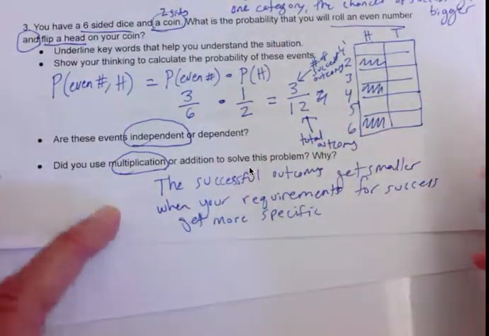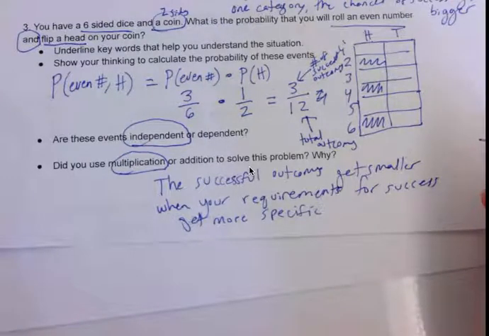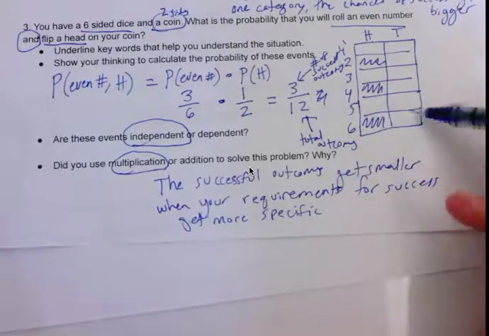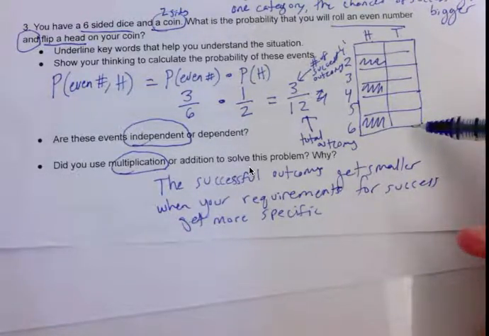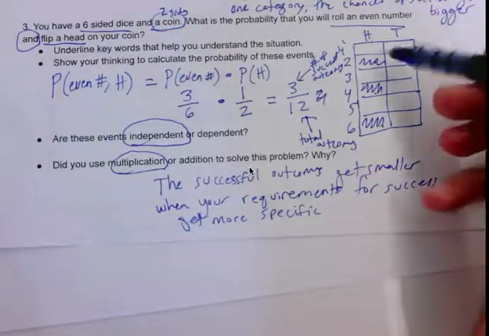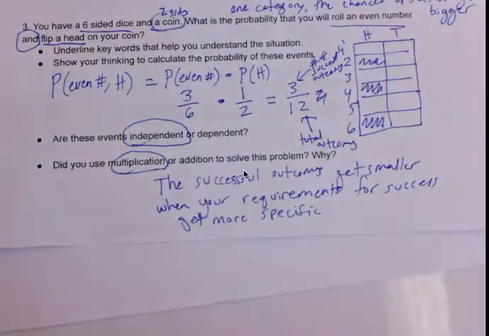We know when we multiply fractions, the product is going to be smaller as long as both fractions are less than 1. So that makes sense that the probability of getting an even number would have been 6 out of 12 possibilities, but the probability of getting heads and evens would give us only 3 out of 12. So that's number 3.